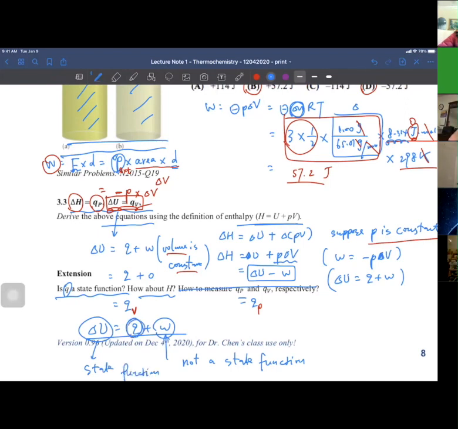Can you conclude whether Q is a state function or not? It should not be a state function, right? Otherwise, a state function plus a non-state function would definitely give you a non-state function. So this is very interesting: two non-state functions added together give you a state function.